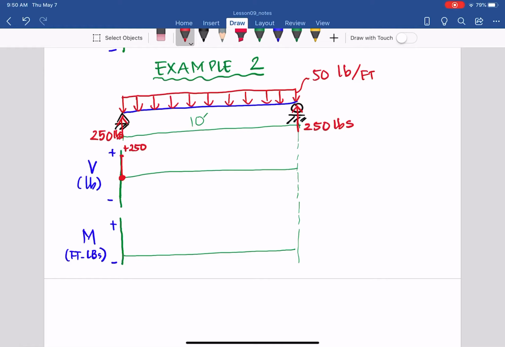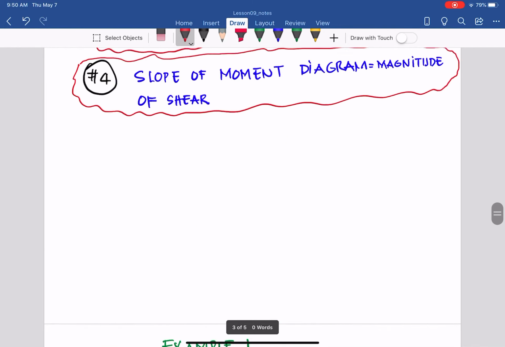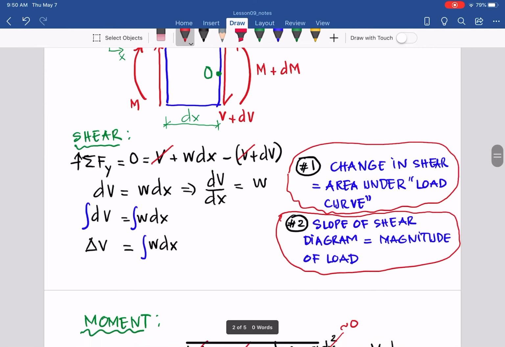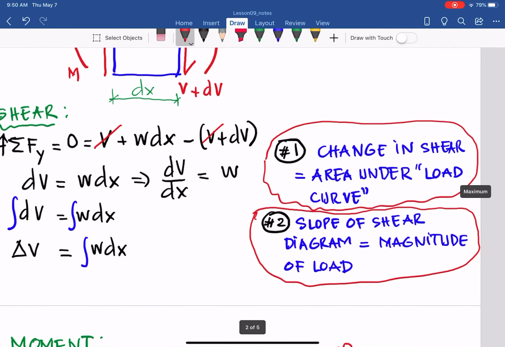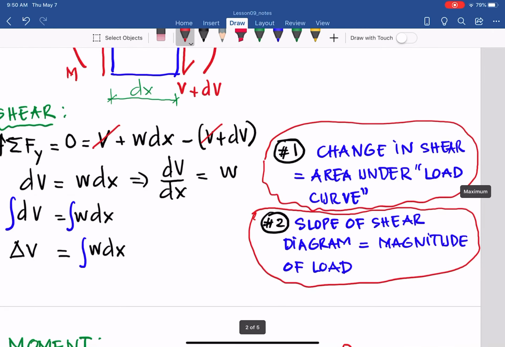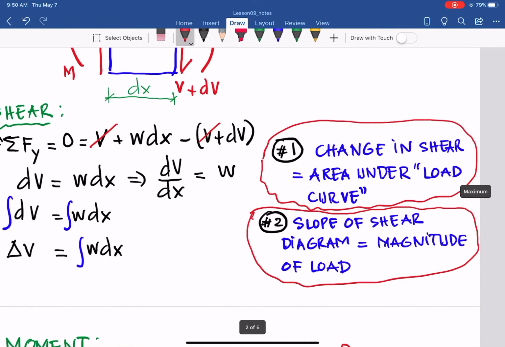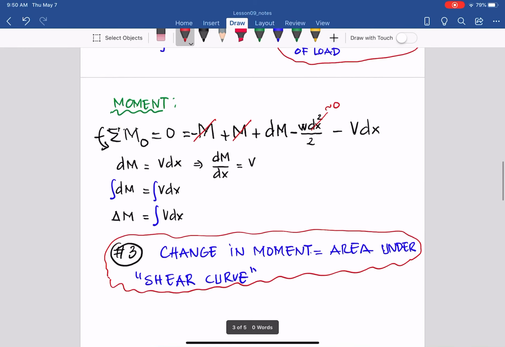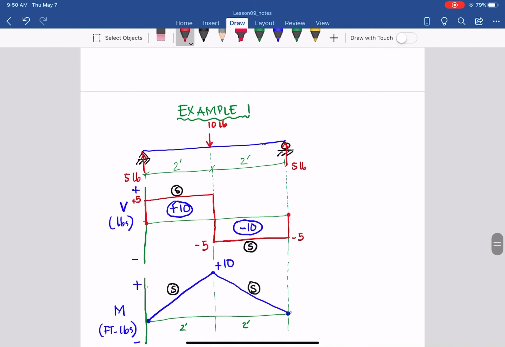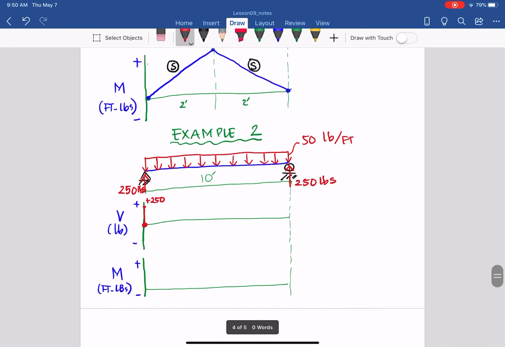And then from left to right, the change in the shear equals the area under the load curve, and the slope of the shear diagram equals the magnitude of the load. The magnitude of the load in this case is 50 pounds per foot.